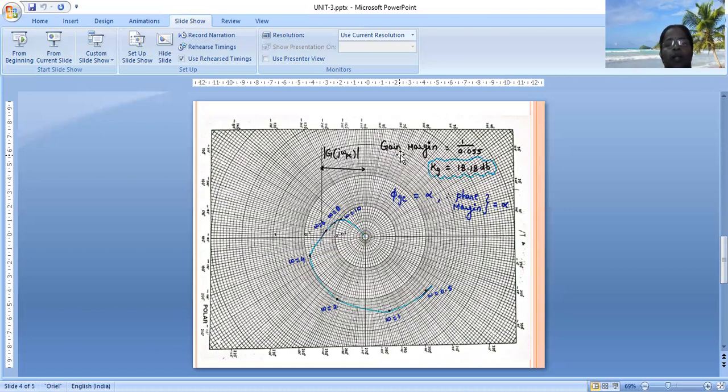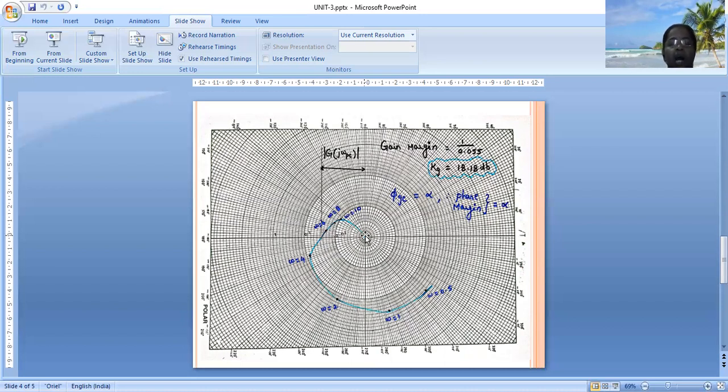The polar plot starts according to type 0, type 1, type 2, type 3, and ends according to order 1, order 2, order 3, order 4. So this is type 0, therefore it starts in this quadrant. Then what is the end? Order 3, so it will end at order 3.